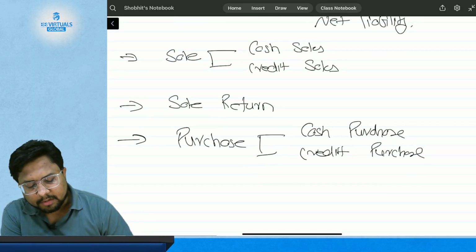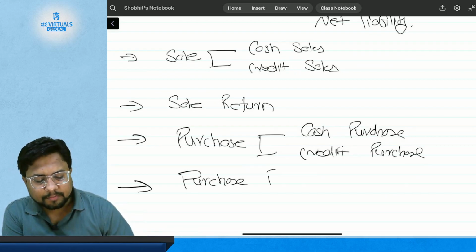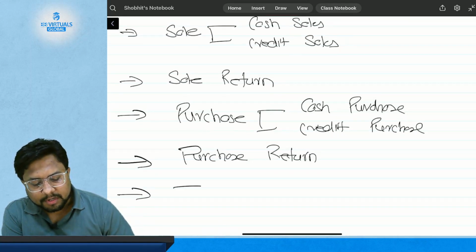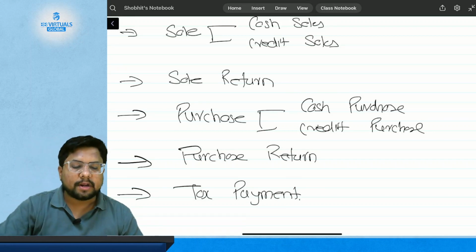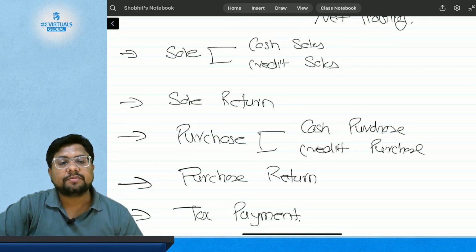Then you have to look at the entries regarding purchase return, and after that the tax payment entry. These are the entries which you need to understand in the context of sale tax.